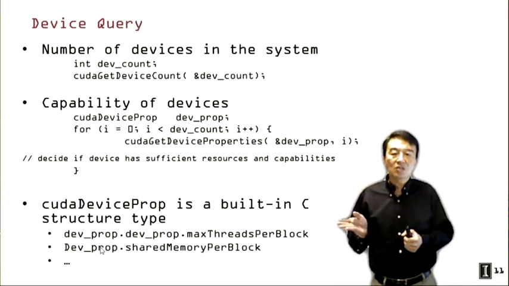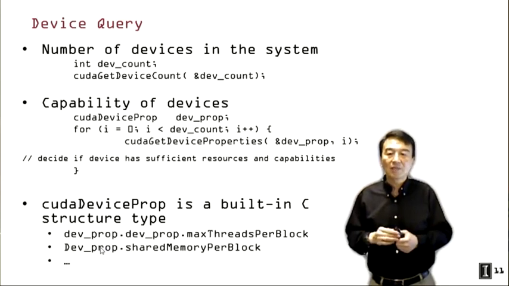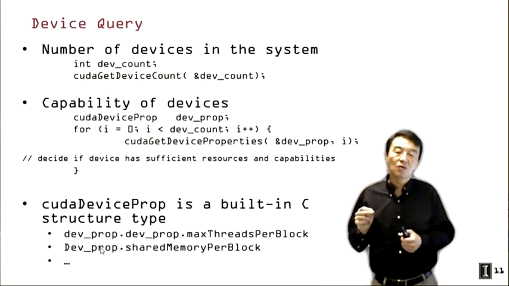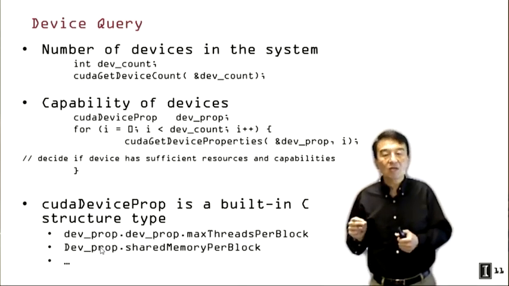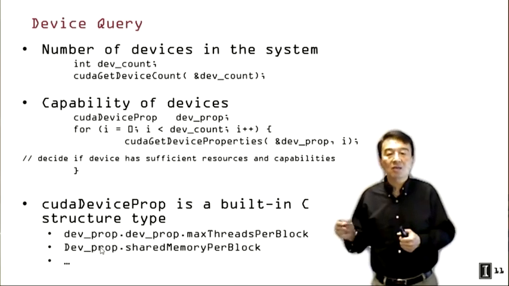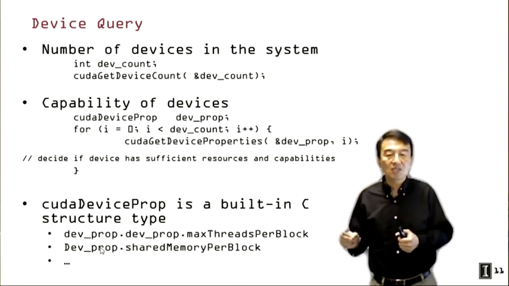But the two most relevant ones up to this point in our class are the maxThreadsPerBlock field and the sharedMemPerBlock field. Remember, some of the earlier devices only allow up to 512 threads in a thread block, and Fermi GPUs and beyond now allow up to 1,024 threads in a thread block.